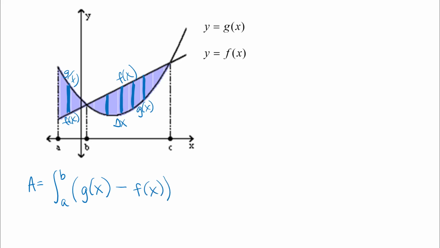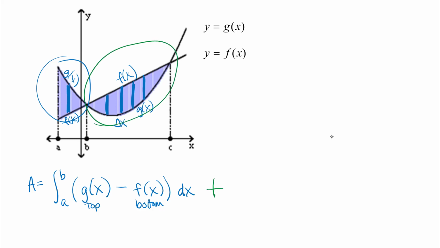So top minus bottom on that left region. And don't forget your dx at the end, that's important. And so that's going to give me the area of this left region from x equals a to x equals b. And then I also am going to need to do a separate integral for the area of the right region and then add those two areas together to get the overall area.